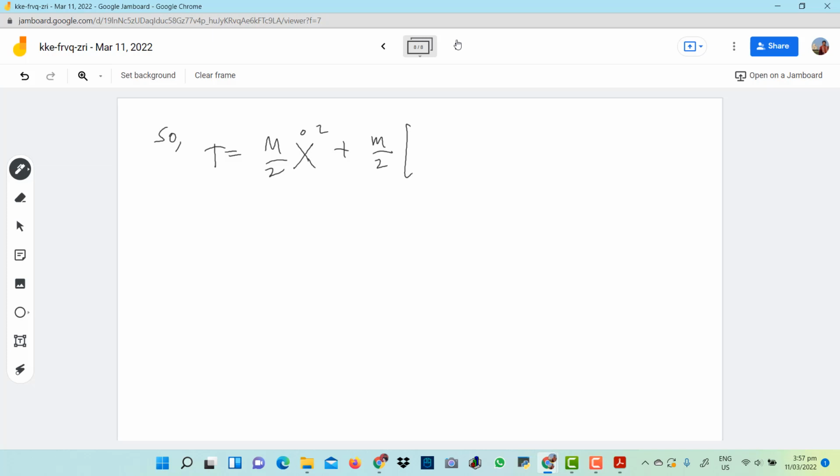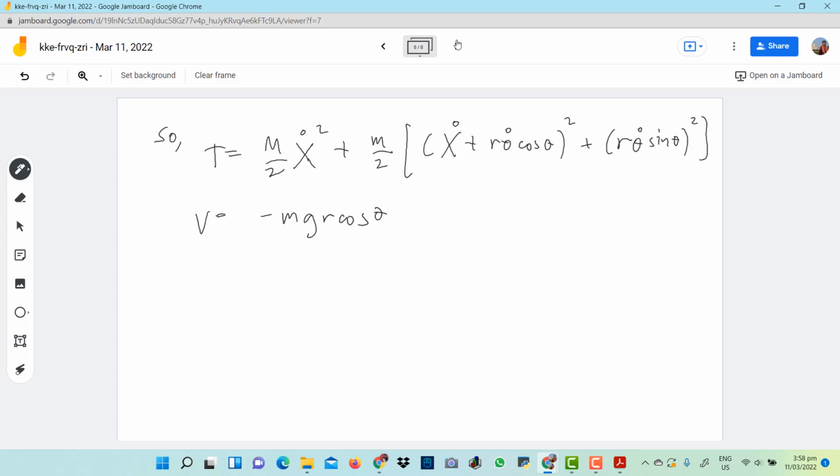And it is equal to big letter X plus r theta dot cosine of theta square plus r theta dot sine of theta. This is your y square. Okay? And your V is just equal to minus mgr cosine of theta.